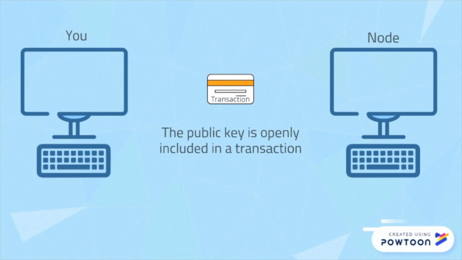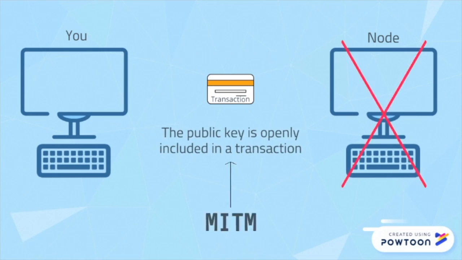As soon as you send your transaction, an attacker could get your public key, for example, through a man-in-the-middle attack. This attack can even be used to prevent your transaction from reaching the nodes. This way, an attacker has lots of time to use your public key, find the private key, and forge a transaction of his own to steal your funds.